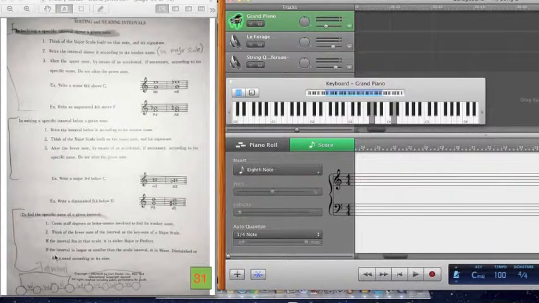And if the interval is larger or smaller than the scale interval, it is either minor, diminished, or augmented according to its size. So knowing that a perfect fifth can only be perfect, diminished, or augmented, and since it's in the scale, it must be perfect. G, A, B, C, D. So, hence, we would name this interval a perfect fifth. I hope that makes sense.